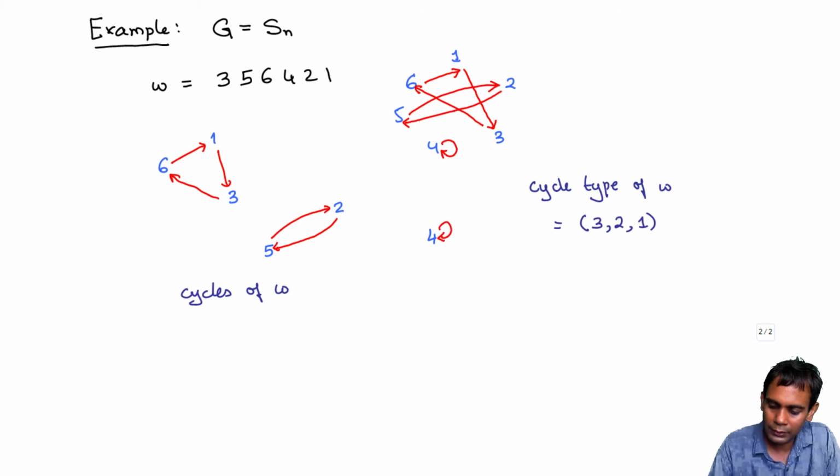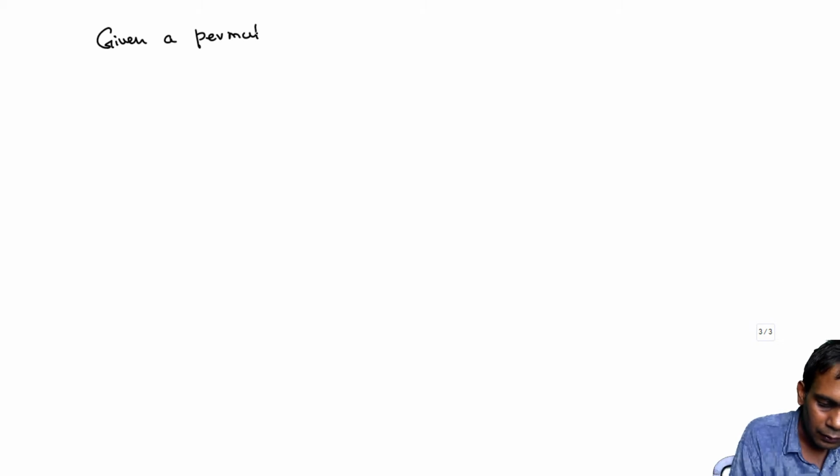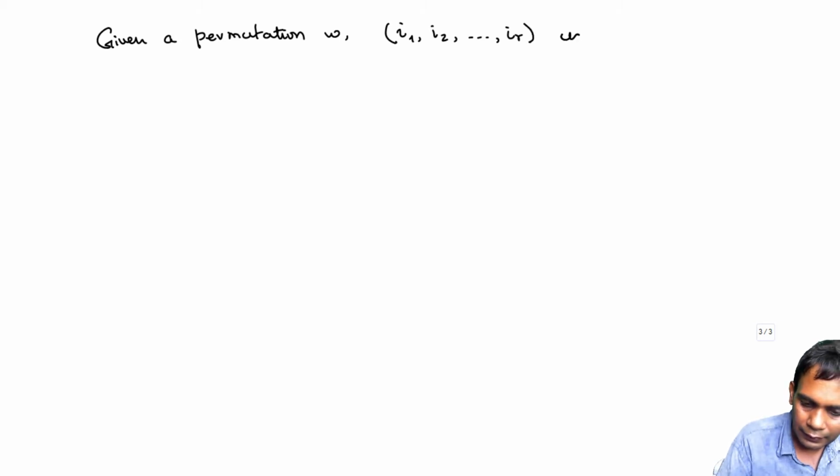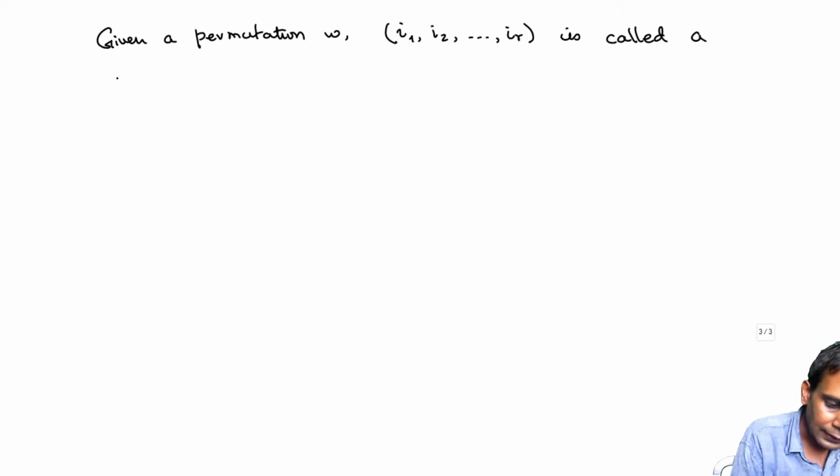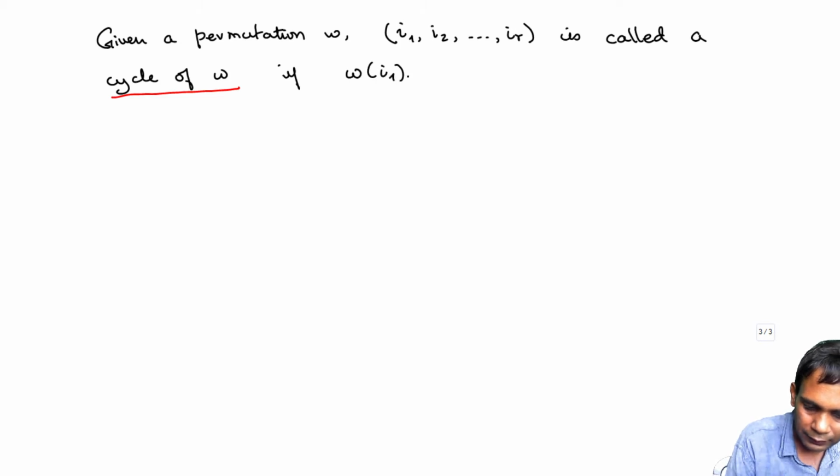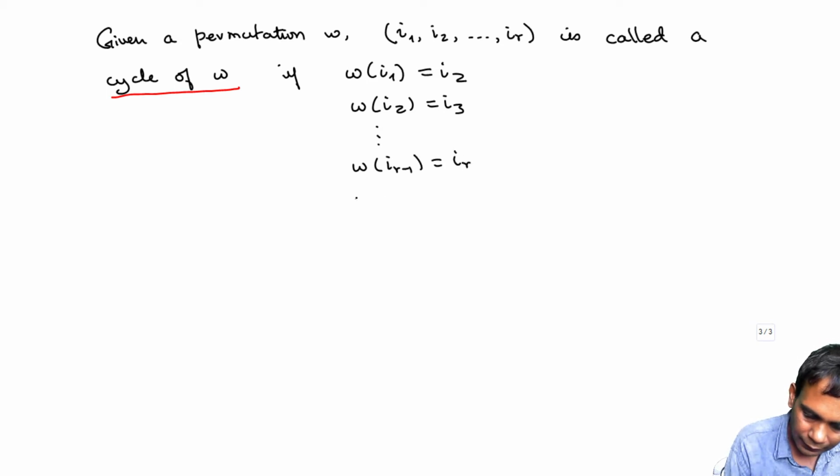So more generally, given a permutation W, I1, I2, up to IR is called a cycle of W if W of I1 is I2, W of I2 is I3, and so on, W of I(R minus 1) is equal to IR, and then W of IR is equal to I1.